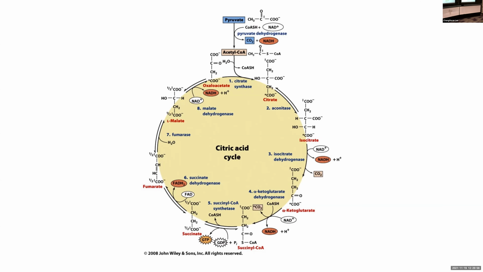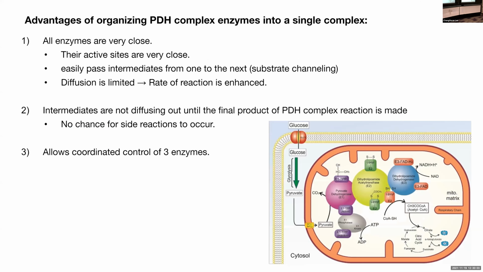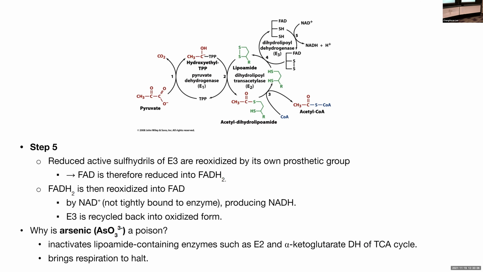The question was, do we need to memorize all the steps? I would say it would be great if you can understand and memorize all the steps. Of course, then you're going to be able to answer all the questions, right? I wouldn't ask about a particular step, but I'd hope you have the overall picture of how the mechanism works, what steps are involved there, what kind of redox reactions are utilized, things like that.